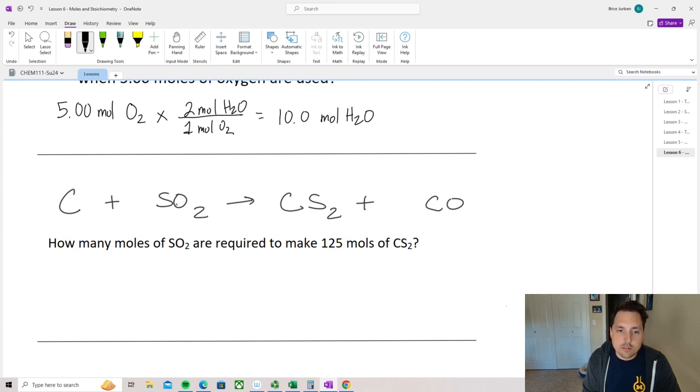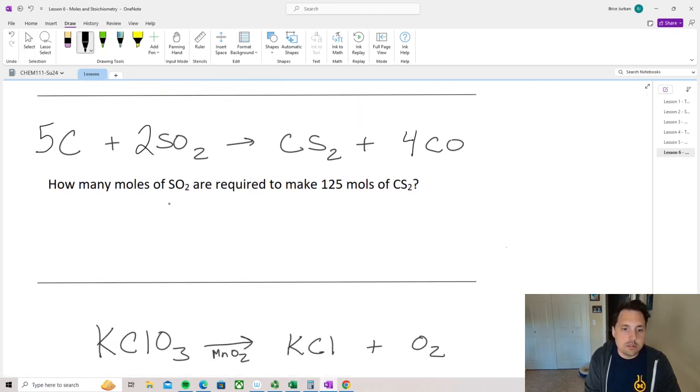We have the wrong number of sulfurs, so let's go ahead and multiply the sulfur dioxide by 2 here. Now I've fixed the number of sulfurs at 2. The number of oxygens on the left side is 4. So let's make 4 carbon monoxides on the right. How many carbons do we have on the right? Well, we have 1 plus 4, or 5. So we can add a 5 right there.